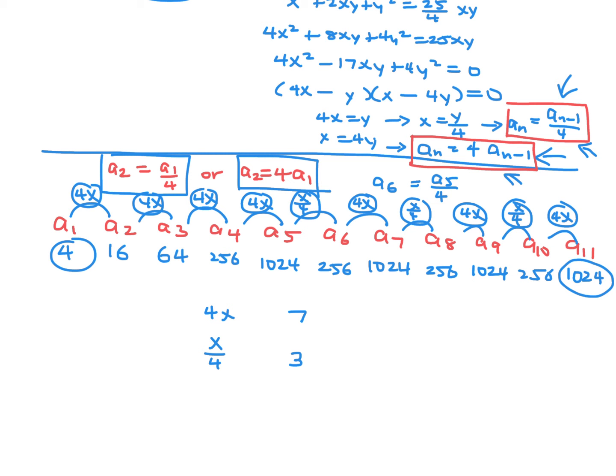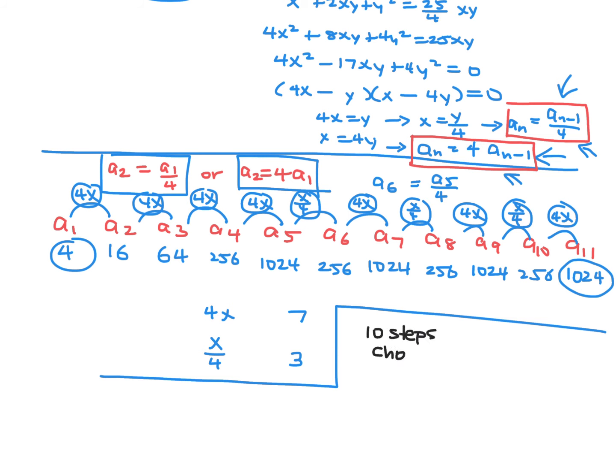Now the question is, how many ways can you do that? That's fairly straightforward. From the 10 steps, we want to choose 7 to be 4x, and from the other 3 remaining steps, choose all 3 to be x over 4.